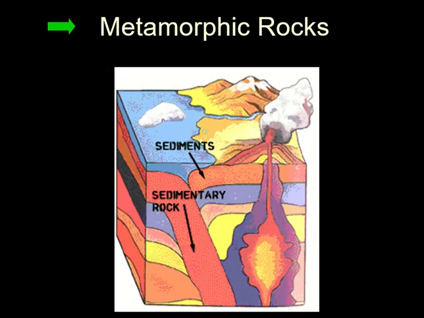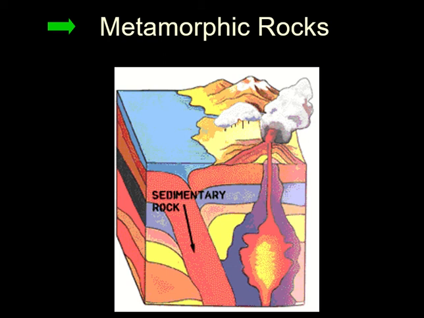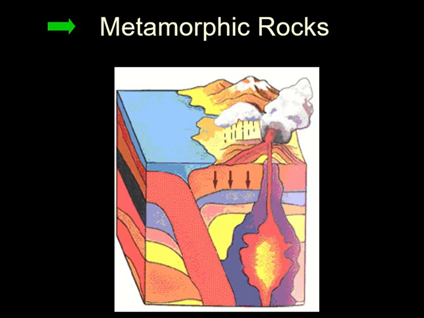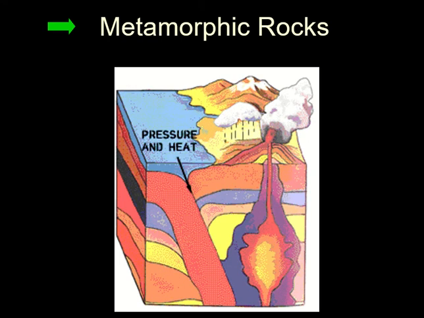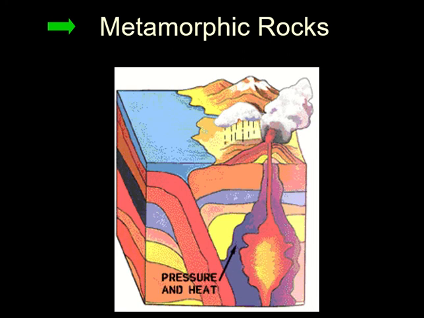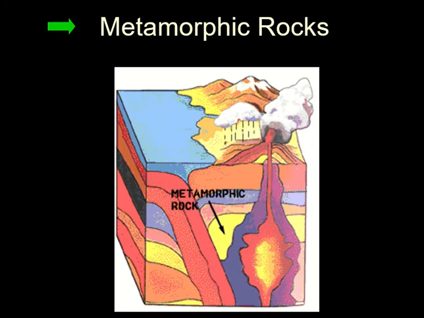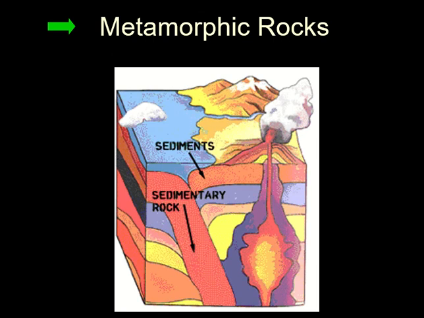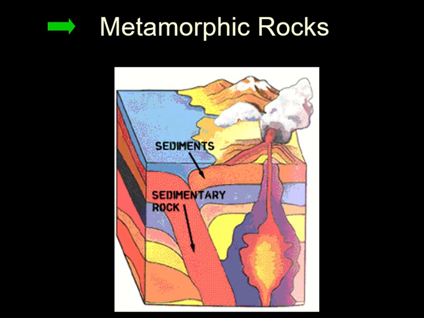So, metamorphic rocks. Metamorphic rocks are rocks which may originally have been sedimentary rocks, or they may have been igneous rocks. But what happens is they get changed through pressure or heat.